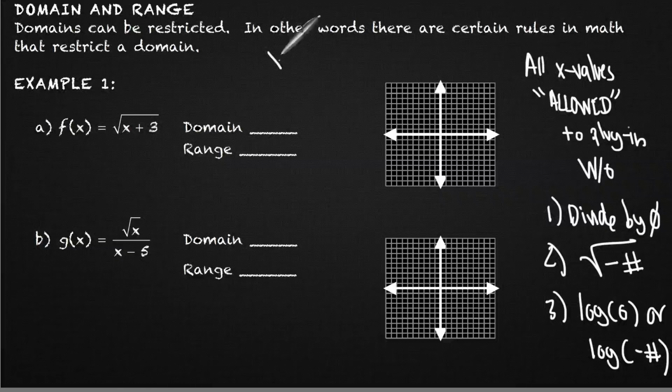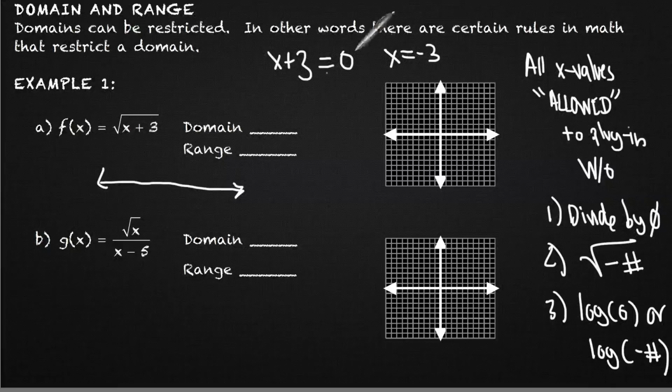When you do that, you're going to get x equals -3. At this point, you put whatever number you get on a little number line. Then you test a number to the right and to the left of that number, plug it into the function, and ask yourself a very simple question: am I allowed to use that, or am I not?